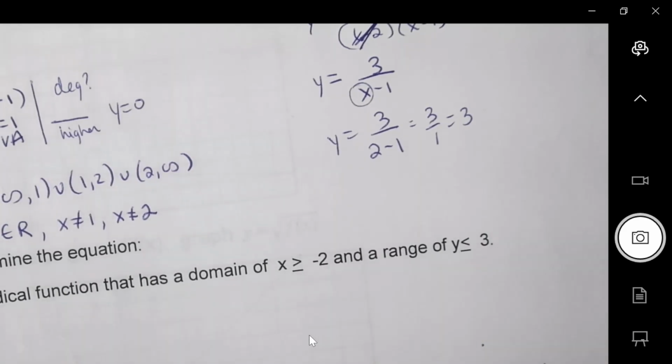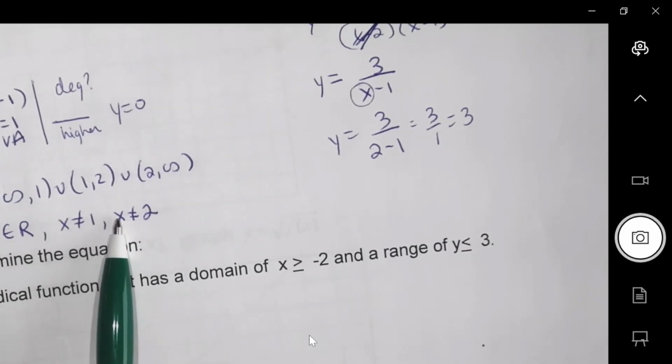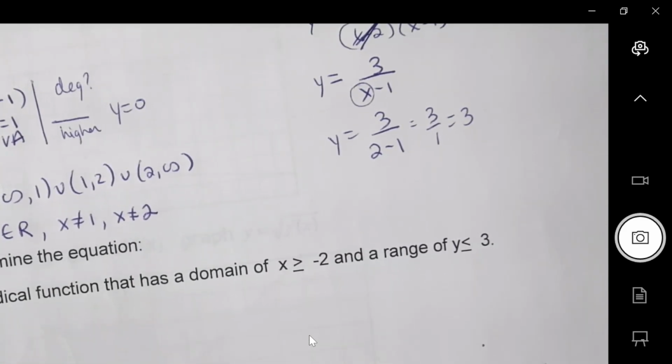Some of you might prefer one way over the other. Okay, so you have to skip over 1 somewhere and you have to skip over 2. You have to skip over your hole as well as your asymptote, right? So if you're looking particularly at a graph that has a hole in it, make sure you're also skipping over that.